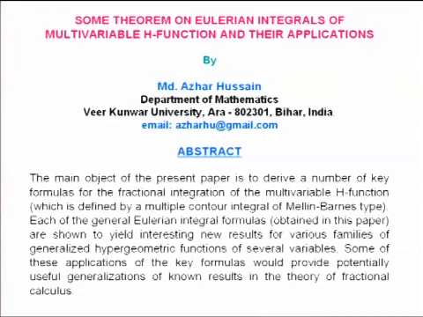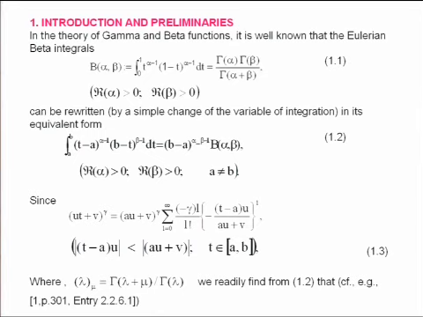Now, first of all, to give the introduction and preliminaries. We know that the Eulerian beta integral B(alpha, beta) is equal to the integral from 0 to 1 of t^(alpha-1) (1-t)^(beta-1) dt, which is equal to gamma alpha gamma beta over gamma alpha plus beta, where real alpha and real beta are greater than 0.